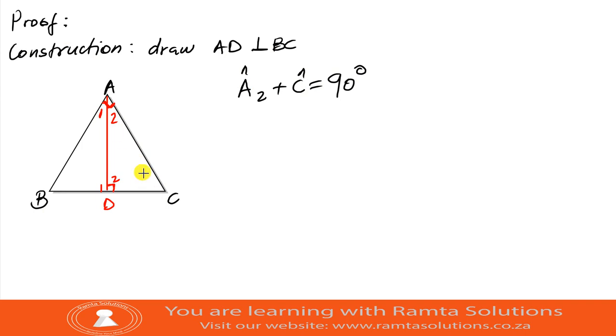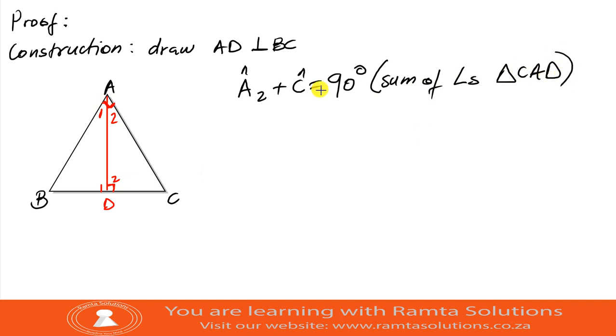There are many ways that you can say this is the case. If you're looking at this triangle here, these two must be 90 degrees. So you can say it's complementary for triangle CAD. However, it's also okay to say the reason could be sum of angles of triangle CAD.